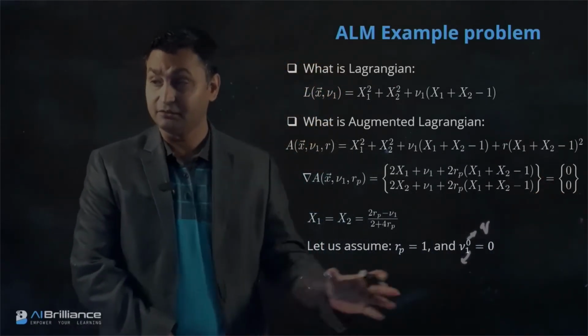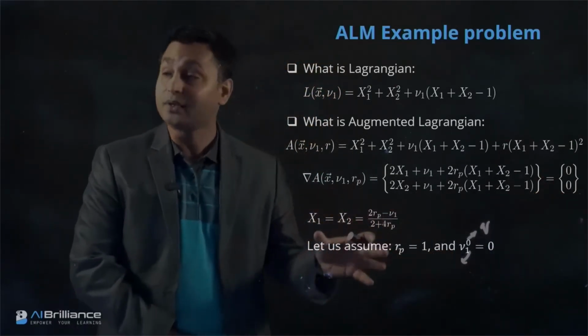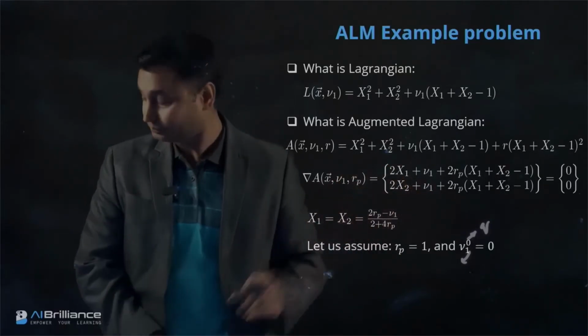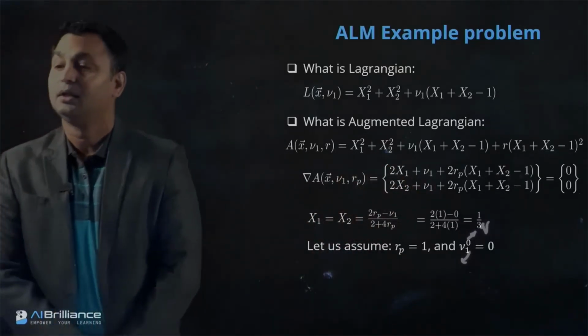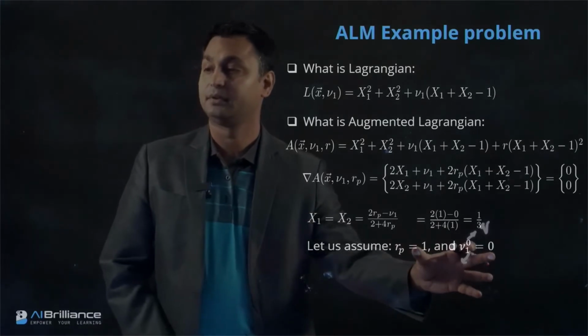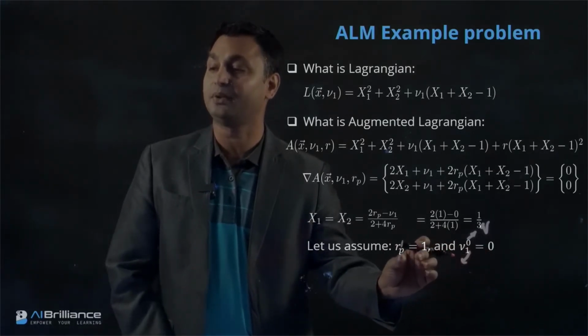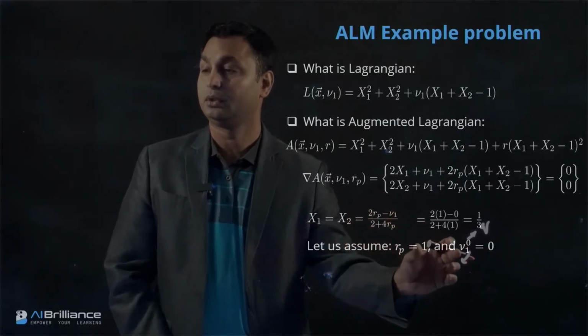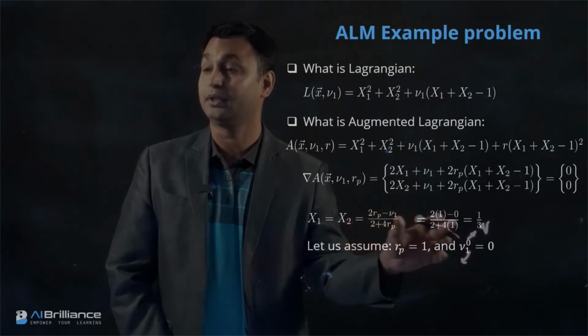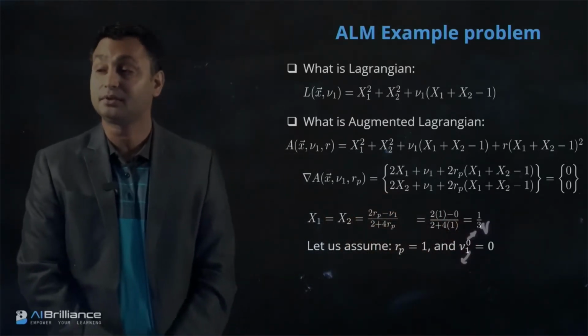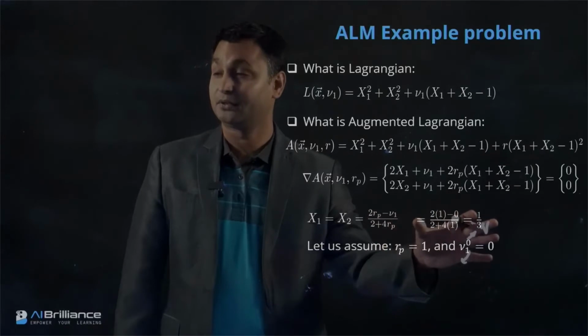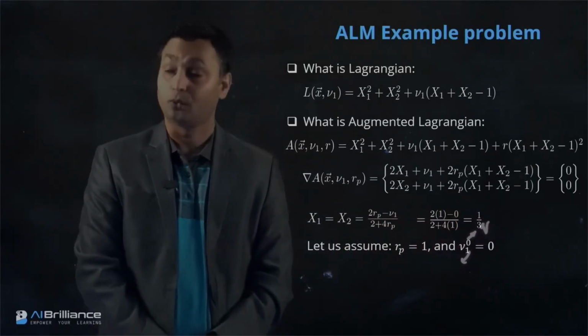So let's see, if we assume these two values, how we can solve this problem semi-analytically. I substitute rp equal to 1 here, and nu1 at 0 is 0 here, and I can solve. In the first iteration, the values of x1 and x2 are equal to 1 by 3.